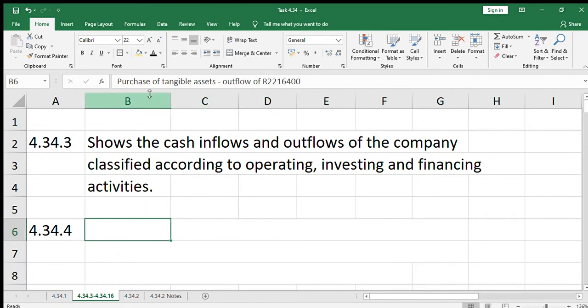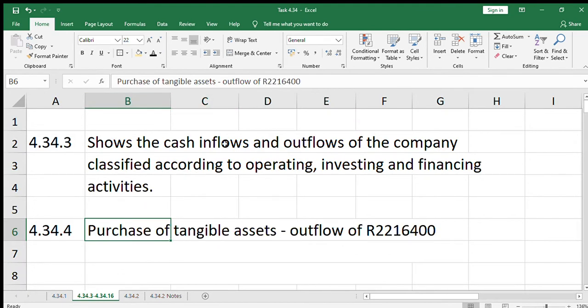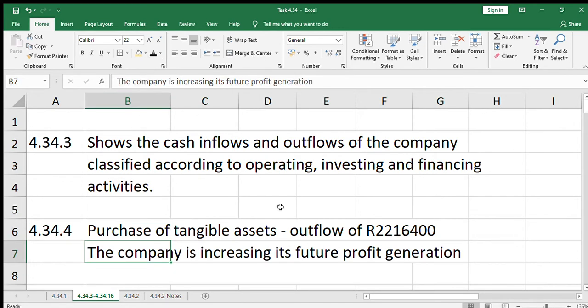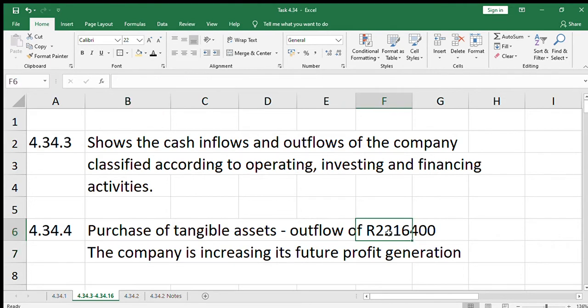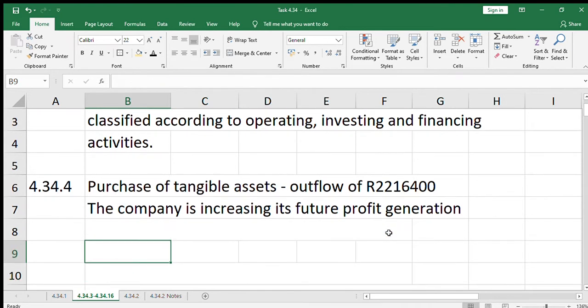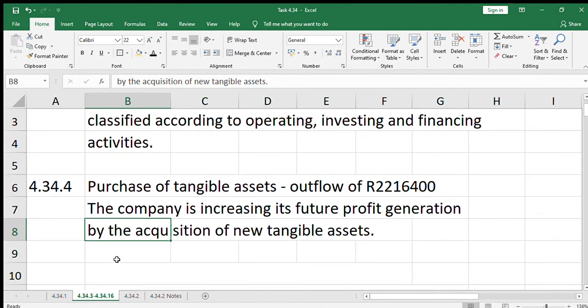So the purchase of tangible assets was an outflow of 2,216,400. So the company is increasing its future profit generation. When tangible assets are purchased, the company is increasing its income generation in future because production can increase and we can be more profitable.